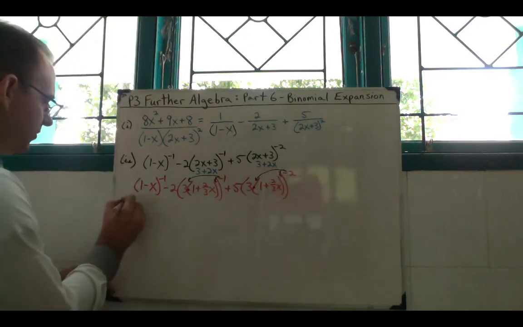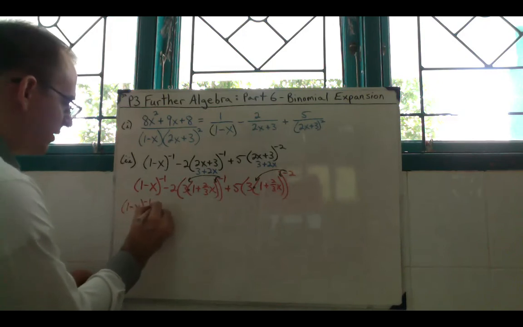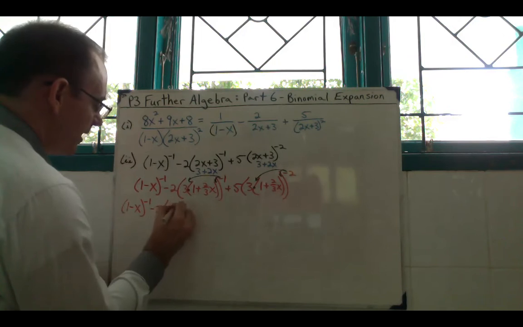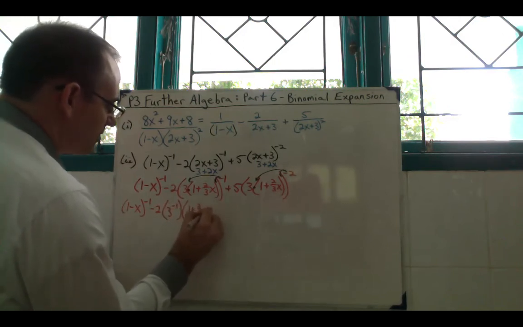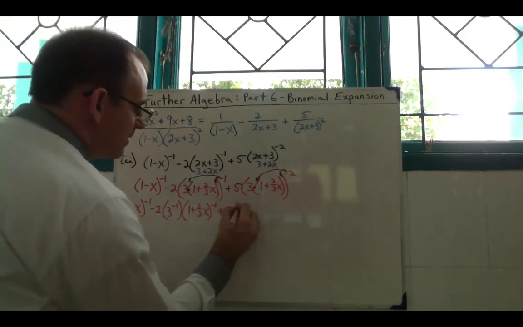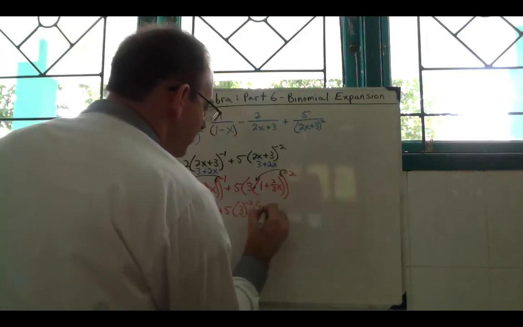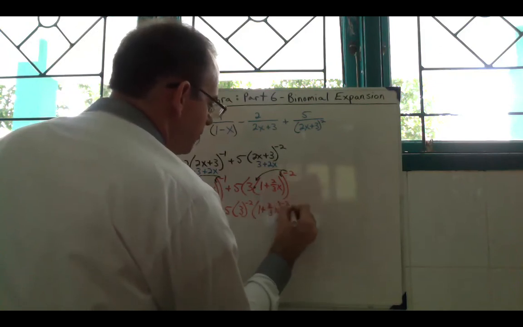So this becomes 1 minus x to the negative 1 minus 2 times a 3 to the negative 1 times 1 plus 2/3 x to the negative 1 plus 5 times 3 to the negative 2 times 1 plus 2/3 x to the negative 2.